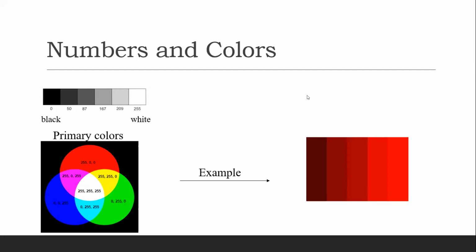Maximum. Now we can have various shades of this red by varying the intensity from 0 to 255. So if we have the red channel of the image, and we are varying the numbers from 0 to 255, you're going to get different shades of red, the same as the others as well.